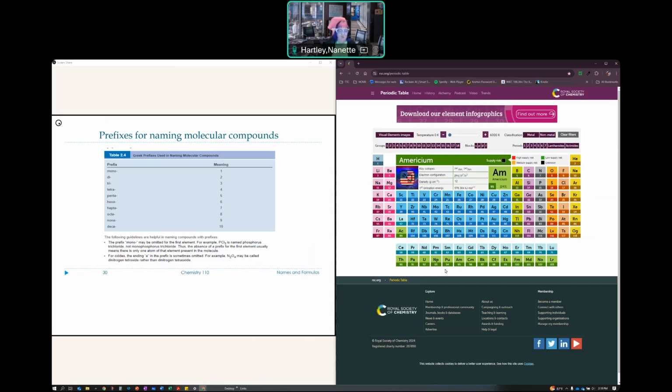So I cannot have you referring to this table to figure out what's a hepta, what's a hexa. You have to know that, especially if you're going to take organic chemistry, because you will get bombarded with these. And you need to know how many there are. That needs to be an instantaneous knowledge for you of how many there are. So this one you need to know.